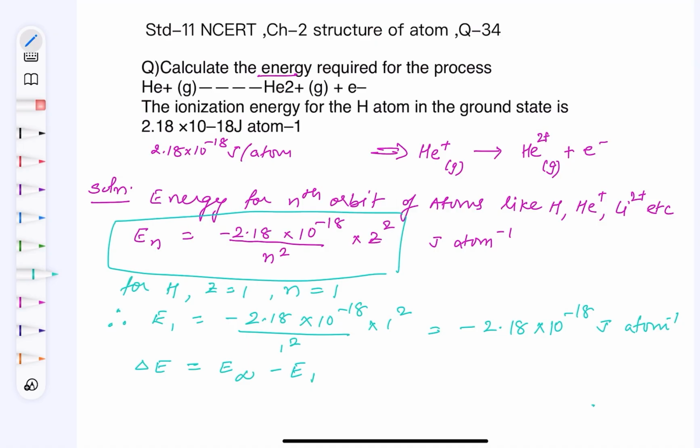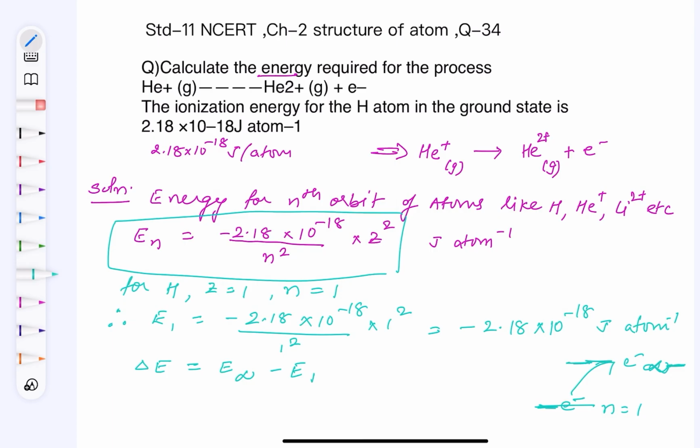Suppose this is your first orbit and the electron is there in the hydrogen atom, and you need to remove this electron. Obviously this electron will go somewhere out when we talk about ionization. Whatever energy you have at this infinity level, you subtract the energy at the first level from it, and you will get the energy required to remove that electron.